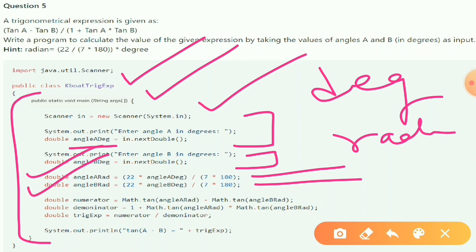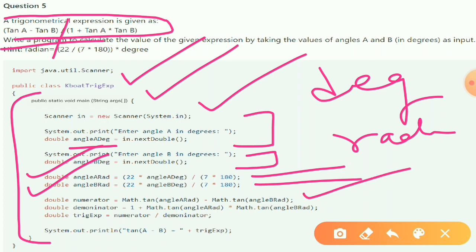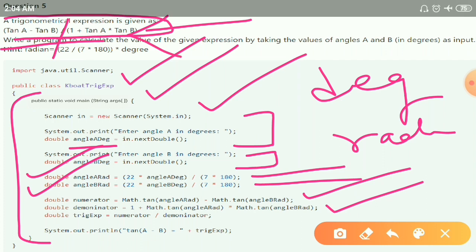Now you just have to do what? You just have to apply the formula, this one, for calculating your result. Now over here in this question, for your ease, we have divided both the numerator and denominator into two parts. So firstly calculate the numerator, that is Math.tan for tangent of angle A radian, minus Math.tan of angle B radian, and the same you are going to apply for your denominator as it is in the formula given over there.